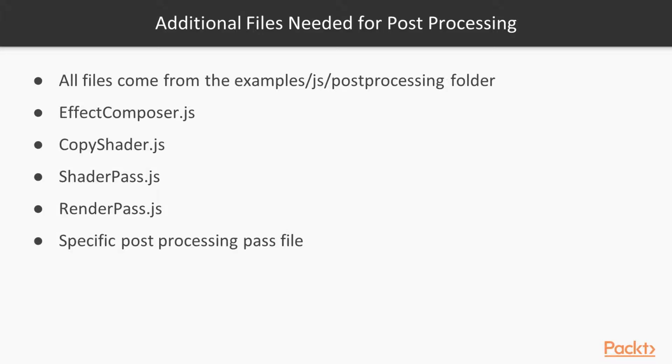In this file, I've combined several files from the examples.js post-processing folder. The minimum you'll need are EffectComposer.js, CopyShader.js, ShaderPass.js, and RenderPass.js. Then you will need the actual post-processing shader you're using. The previous 4 are required to enable post-processing and to include the actual renderer output.